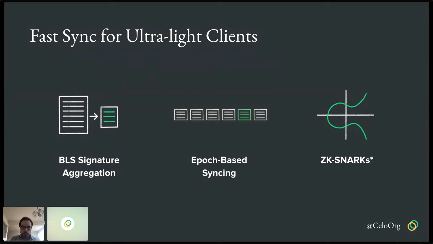So to address that issue, we did the epoch-based syncing, and what that means is that the light client will only have to download one block header for every epoch, which happens once a day. So that resulted in the light client only having to download one block header for what originally was close to 20,000 block headers.